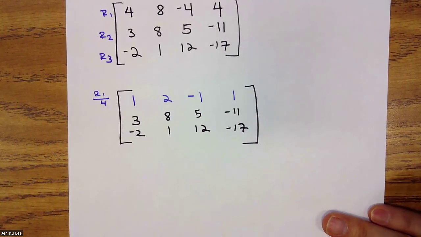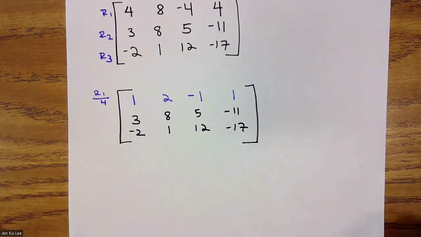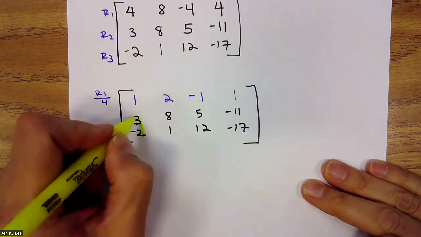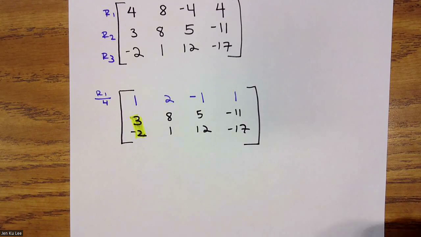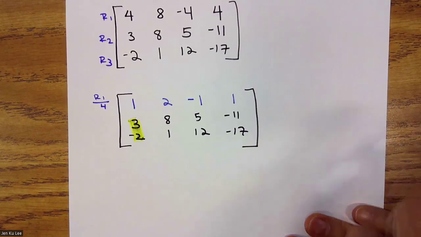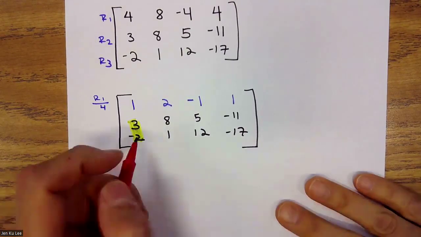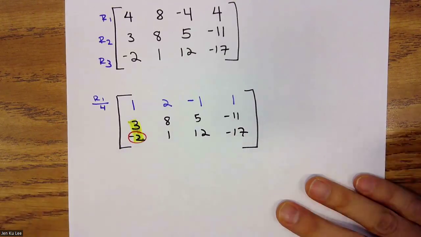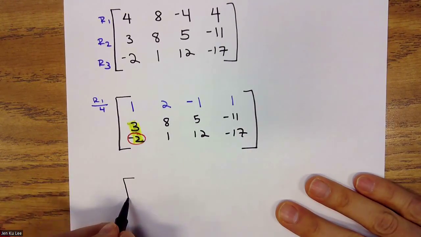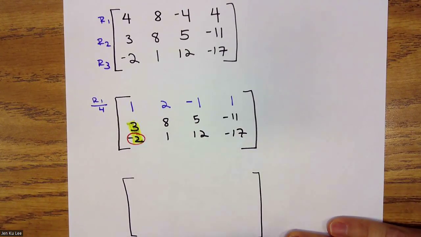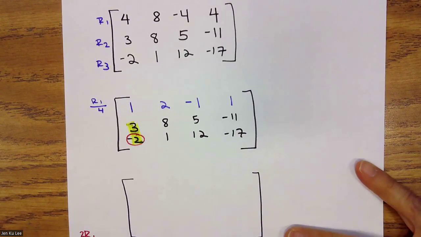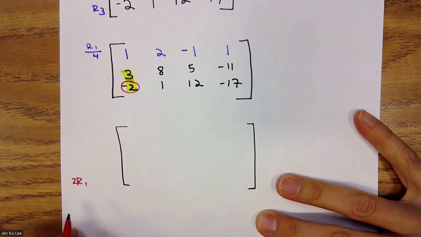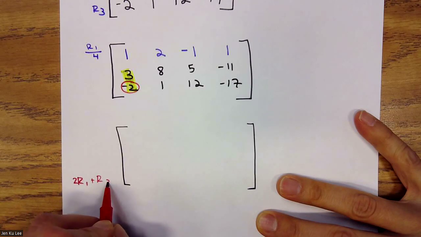Now my next step, after I look at it, is that I want to get these two as zeros. Let's focus on one of them, this one here. What am I going to do to make that a 0? Can't I just go 2 times row 1 plus row 3?